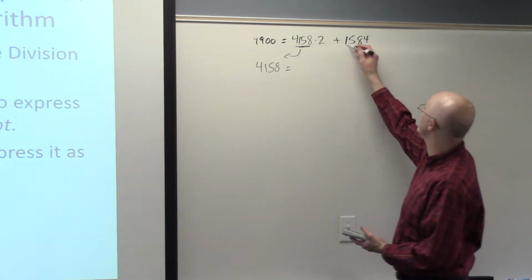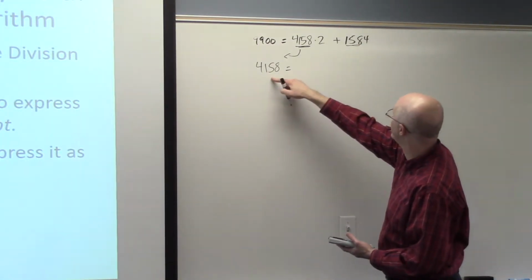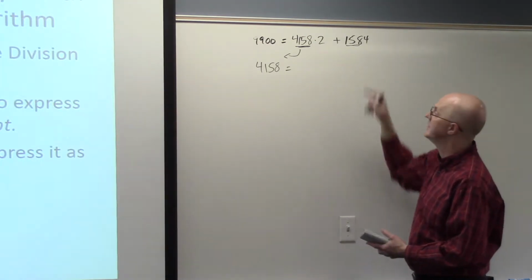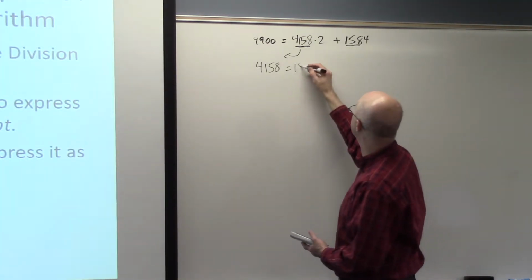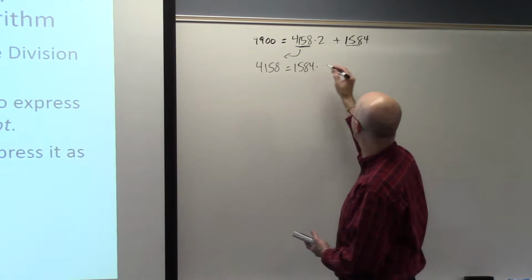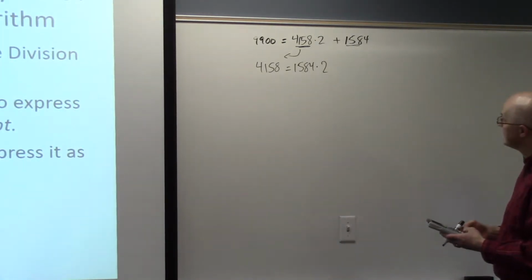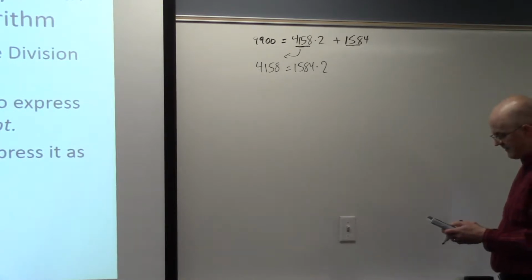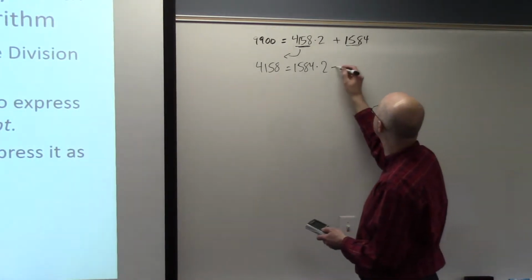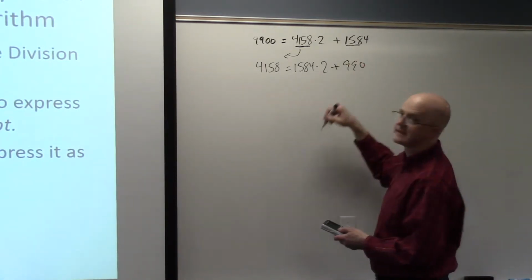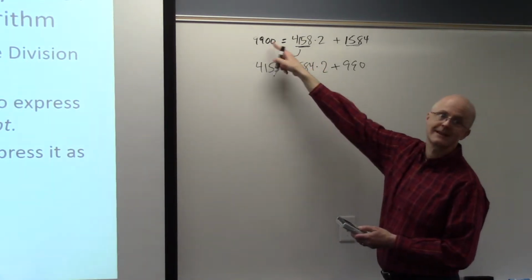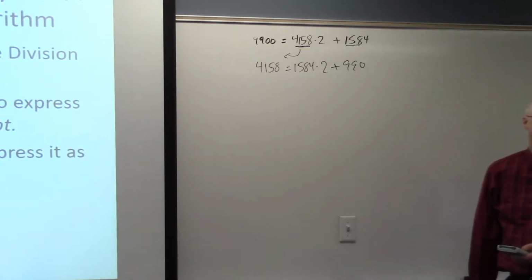Take the original remainder, and we are going to take 4158 and divide that by that previous remainder. 1584 is going to go into 4158 twice. And what will be the remainder? It will be 990, which is just a coincidence that that is 10 times smaller than 9,900. Okay, that's just a coincidence.